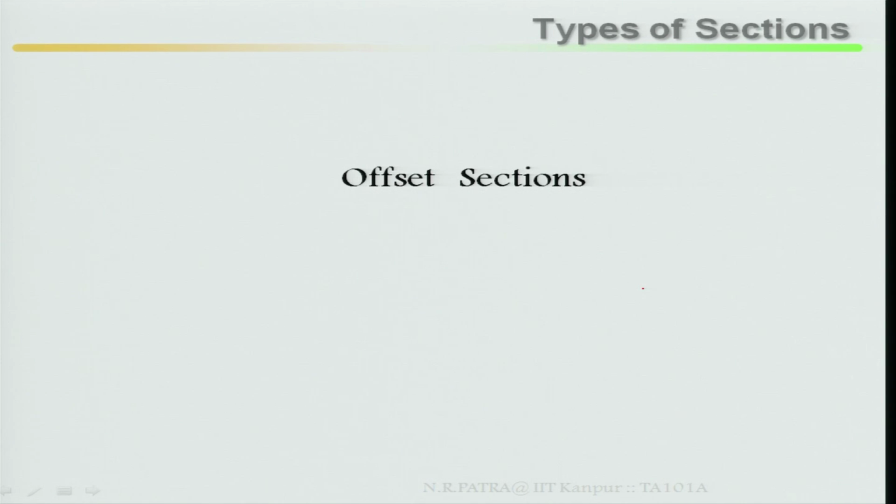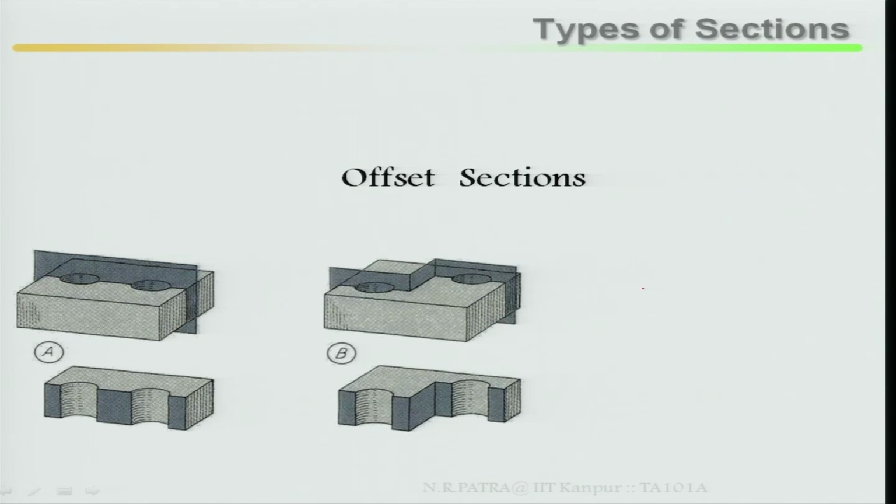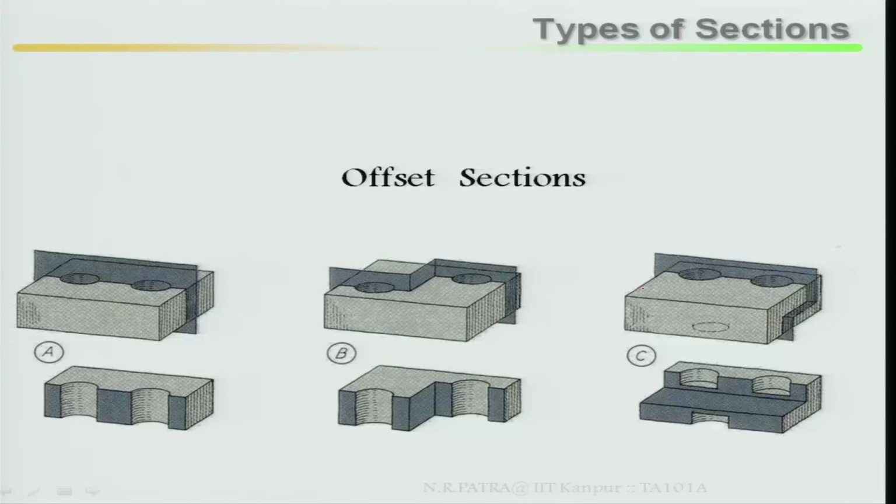Offset sections: full sectioning, half sectioning, then offset sections. What do you mean by offset sections? Look at the objects A, B and C, just visualize A, B and C. If you look at object A, the holes are equidistant and aligned in the same line or same plane.